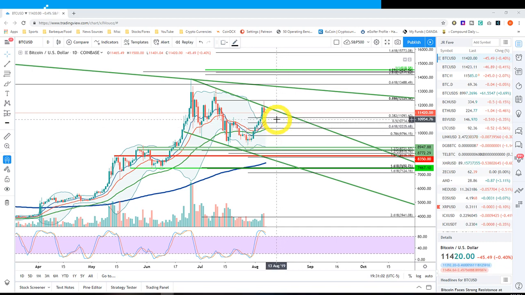It could actually even come back into here without violating these lows. It could hit the 78.6.